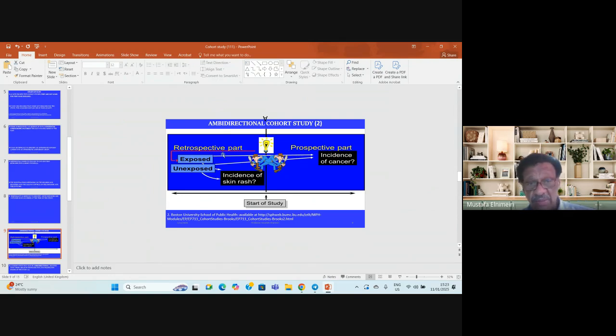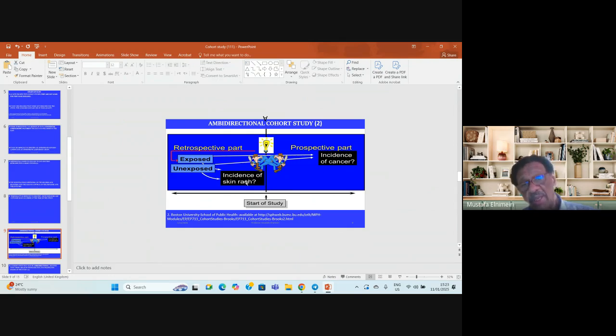in the past, and this is the retrospective phase. We can subdivide the cohort members into exposed and non-exposed, and then we follow them in the prospective phase so that we can find out the incidence of skin cancer among the two groups.